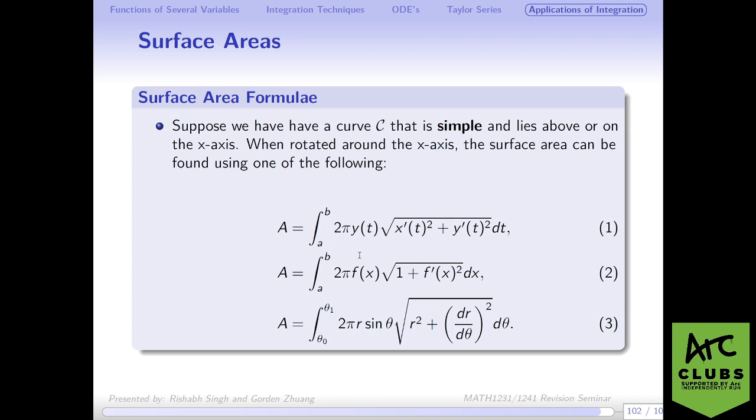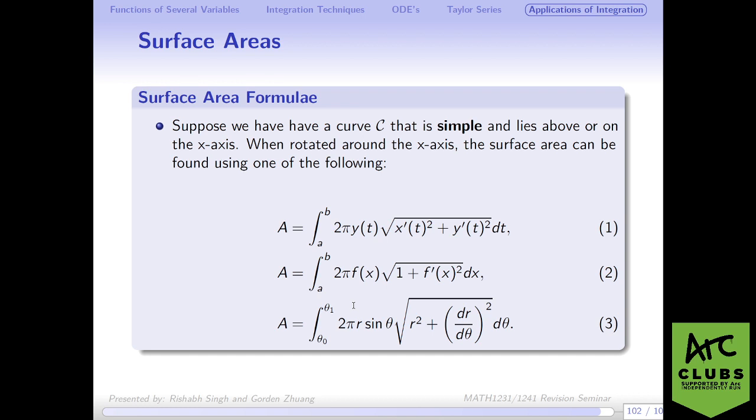Next we have the surface areas. Again, these are just some formulas. They don't look too nice, but they're also not too bad. If you look at the relationship between them, you might be able to see that they do resemble each other.